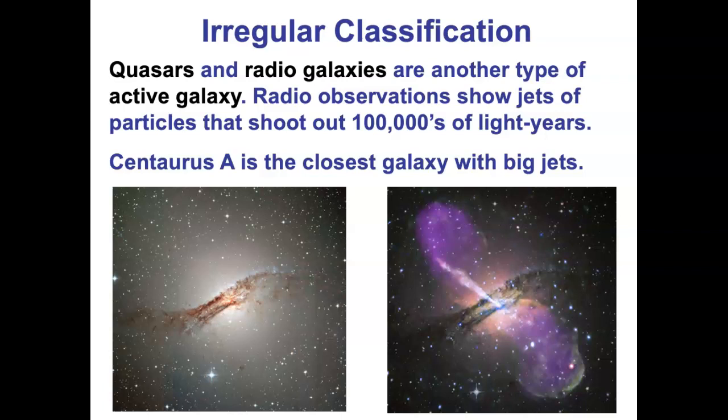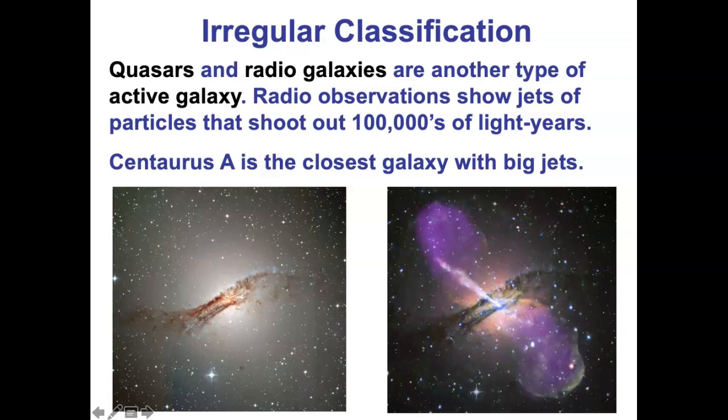Then you've got quasars. Quasars are galaxies that are emitting a lot of light because of that supermassive black hole at the center. Centaurus A is one of these. So here's Centaurus A in the visible spectrum. Here's a picture of it in the visible overlaid with the radio.